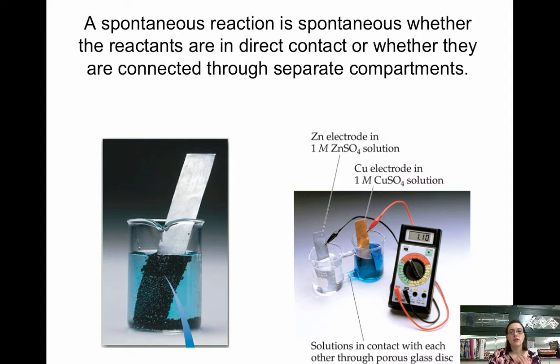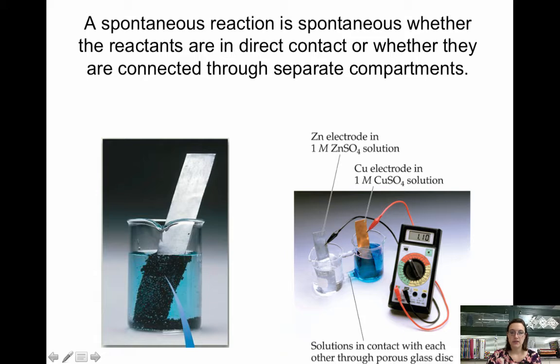Now when we're talking about spontaneity again, remember that a spontaneous reaction is spontaneous no matter what. So it doesn't matter if the reactants are in direct contact, like this picture on the left, where the metal is dipped into this copper sulfate solution, or if they're connected through separate compartments.